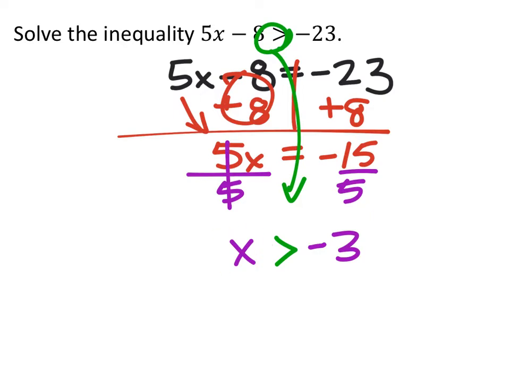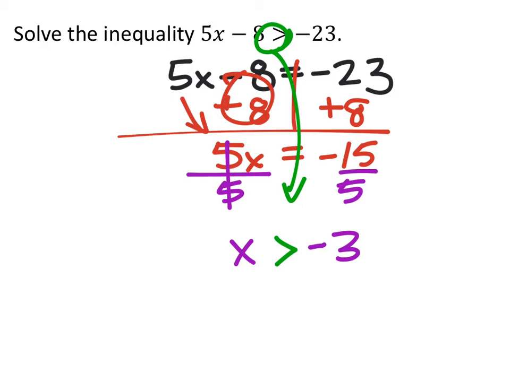So x is greater than negative 3, which means that if I go back to the original inequality and I replace the x with negative 3, it would be false because it would give me an equal statement. But the moment that I go anywhere or use any number that's greater than negative 3, such as 0 or negative 2.99999, it would then give me a true statement, right?